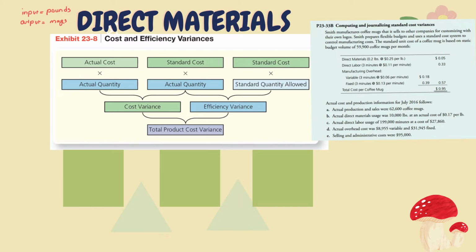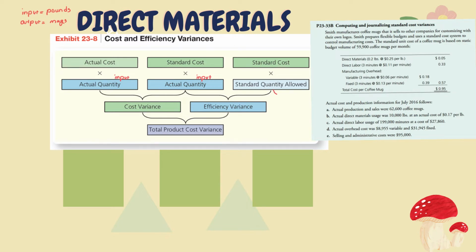For the first column, I need actual cost multiplied by actual quantity, which is input. I need input, not output. For the second one, standard cost multiplied by actual quantity, again it's input. Standard cost means budgeted cost per input. The last one is standard cost, which is budgeted cost, multiplied by standard quantity allowed.